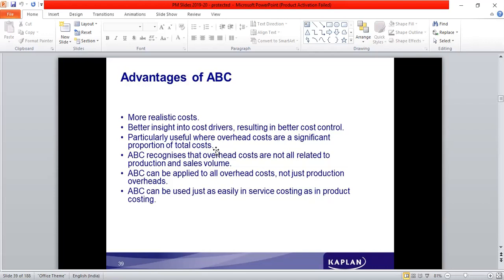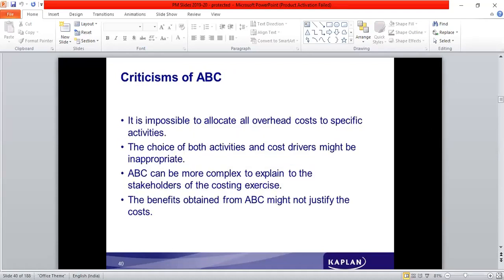They are not connected only to the production volume. There are certain other activities also, so an appropriate basis of allocation should be taken into consideration. Next, ABC can be applied to all overhead costs, not just production overheads. ABC can be used just as easily in service costing as in product costing. So it is not only for production but can also be used in service industries.